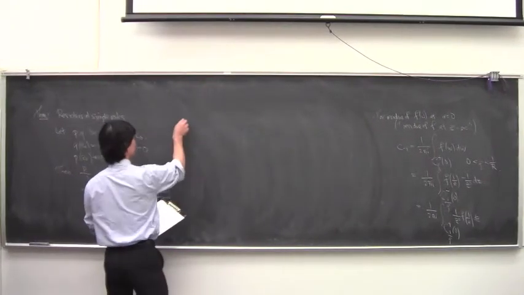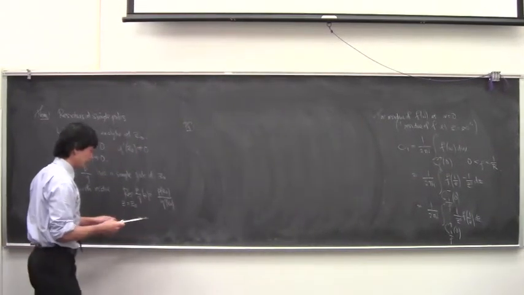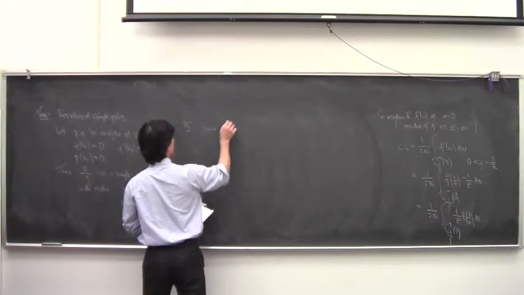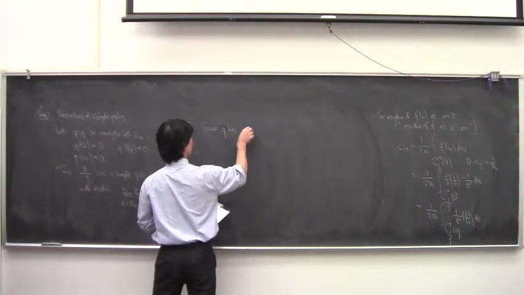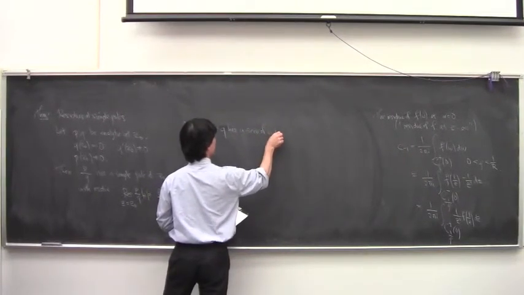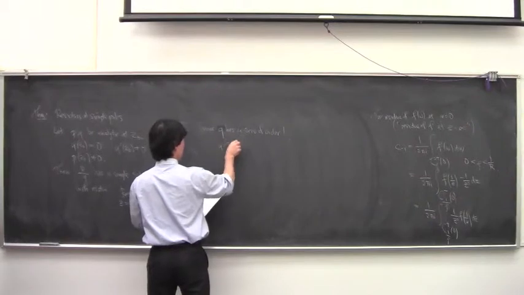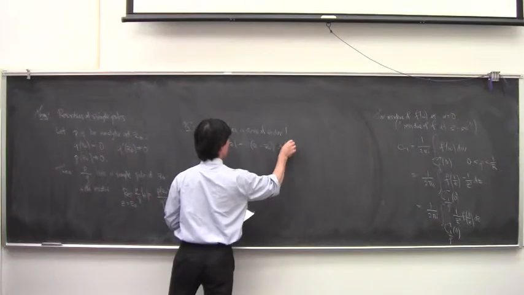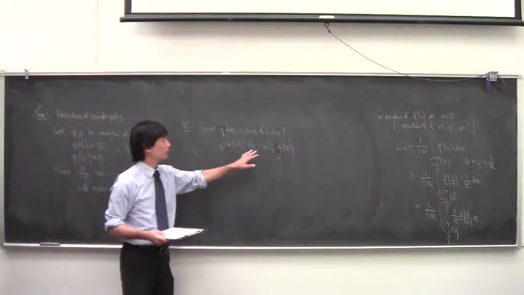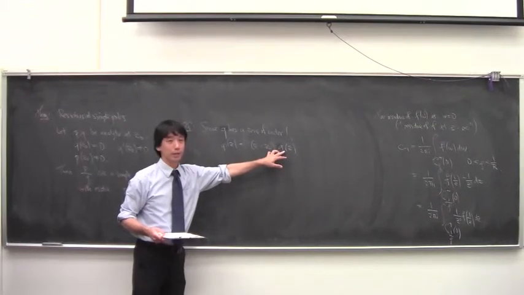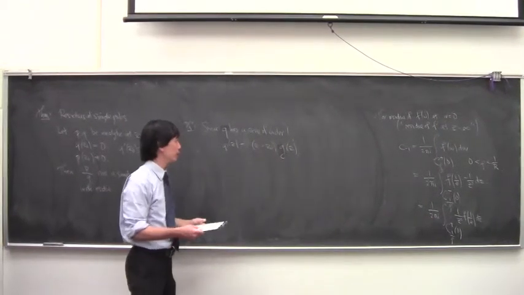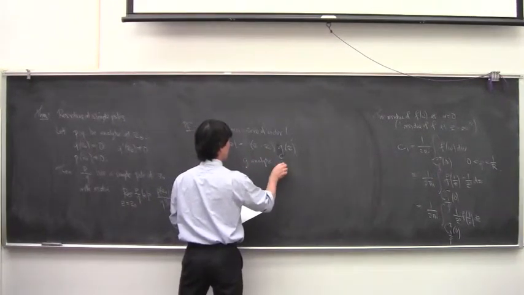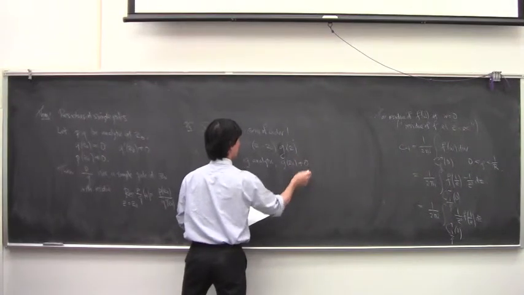This is pretty simple. It's basically a consequence of the fact that since q has a 0 of order 1, we know that q can be written as z minus z naught times some analytic function g that is non-zero at z naught. G is analytic, and g at z naught is non-zero.